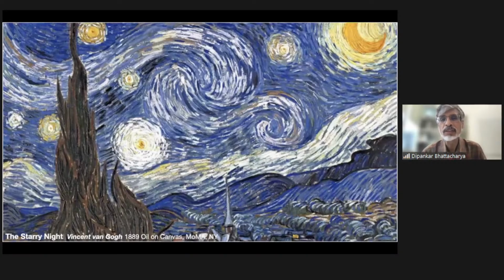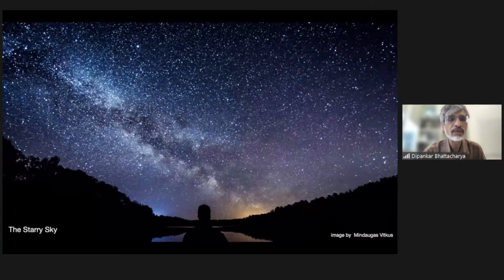And in an artist impression, you will have these diffuse bands and bright and not so bright points of light dominating the sky. In a modern photograph, at a dark place, you will see many stars in the sky, and also this diffuse band, which is the Milky Way, which is a collection of stars in our galaxy.